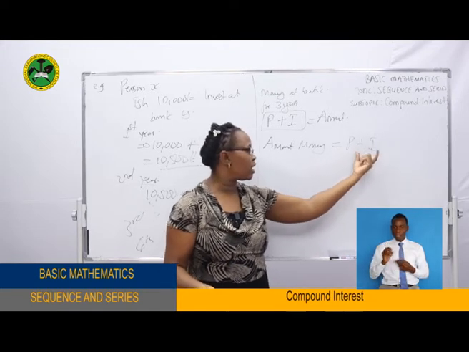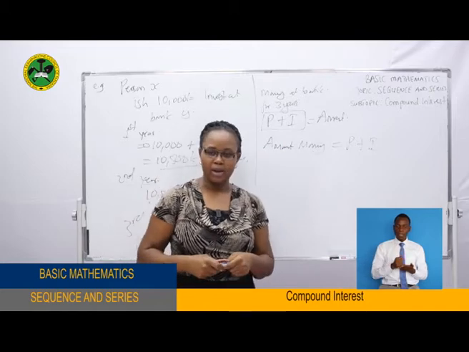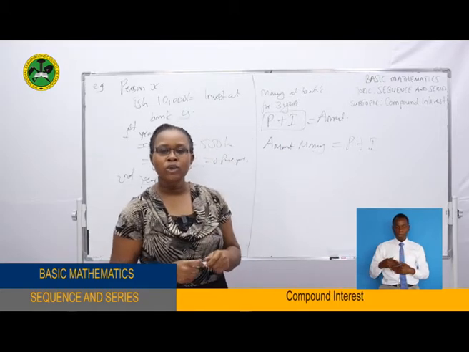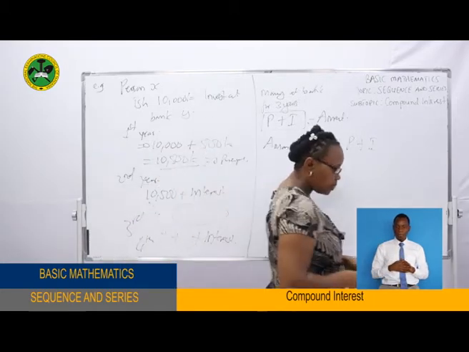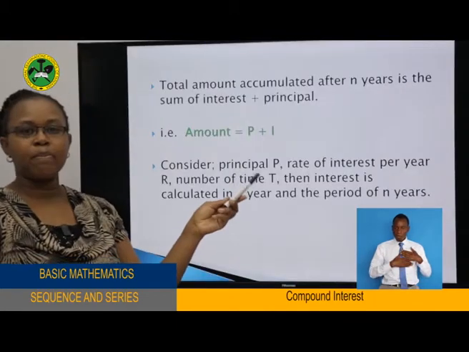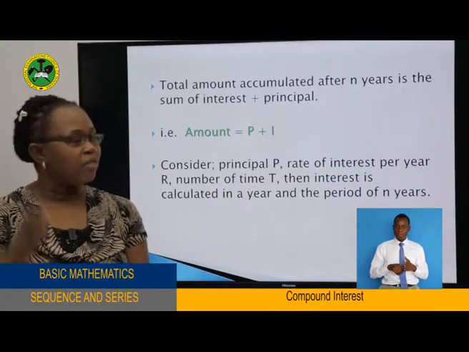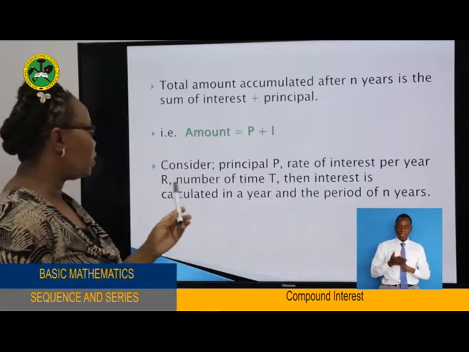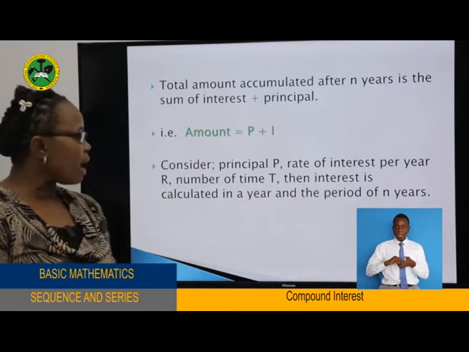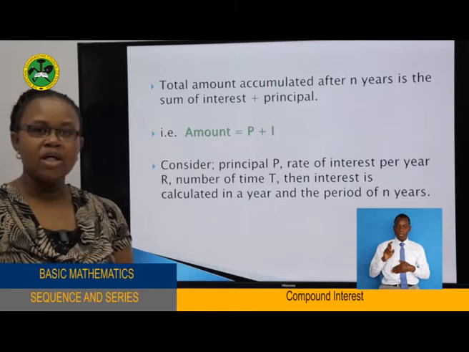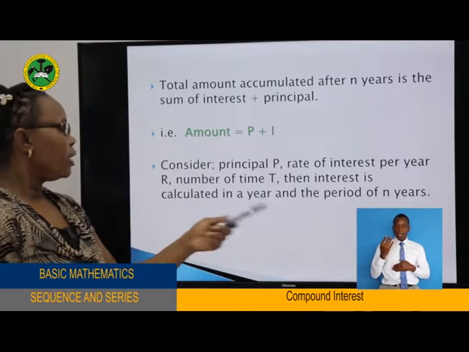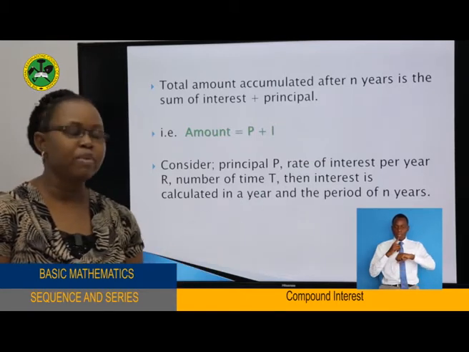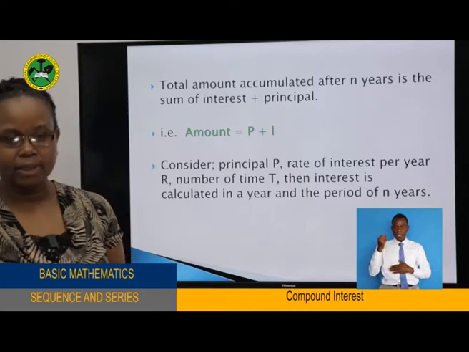So when you add it together, you obtain the amount of money. So, my dear students, consider you are given the principal P, the rate of interest per year, which is R, and the number of time T, the period of any years.